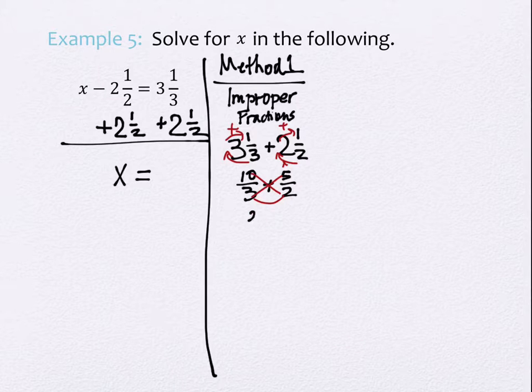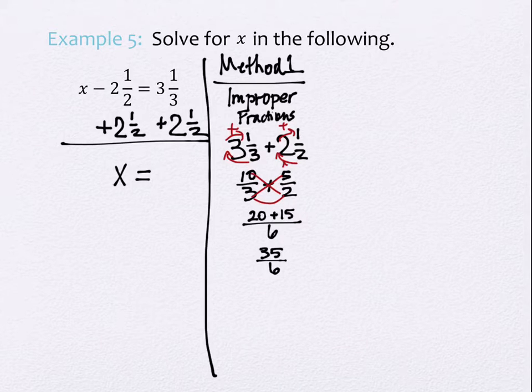So 10 times 2 is 20, plus 3 times 5 is 15, divided by 2 times 3, which is 6. Multiply each diagonal, multiply the denominators. Adding the numerators, I have 35. So my answer is 35 out of 6.